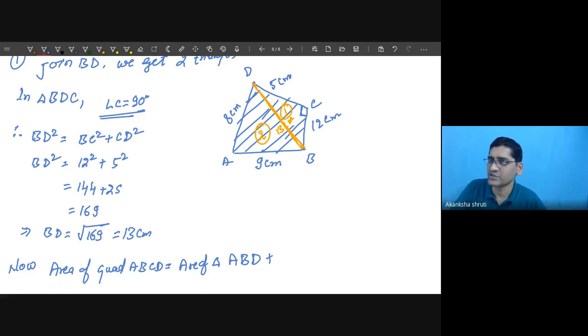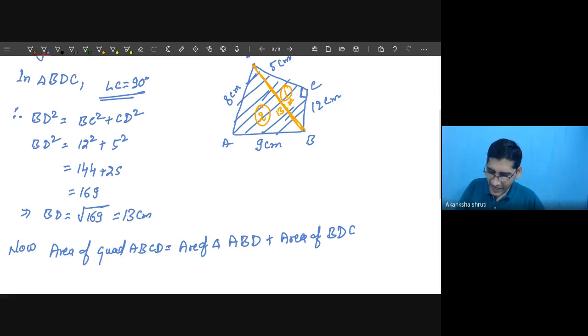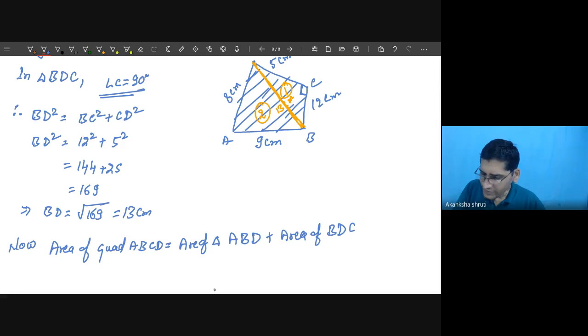You may denote these two triangles as triangle 1 and triangle 2. Now, for the calculation of the area of these triangles, we need to first calculate their semiperimeter.